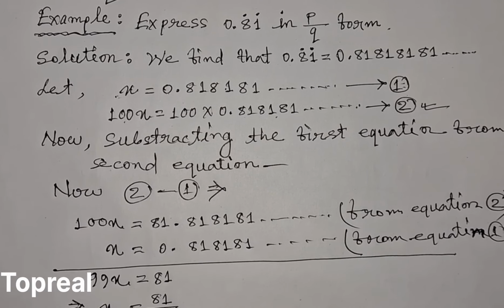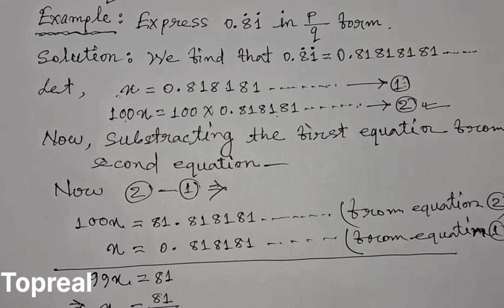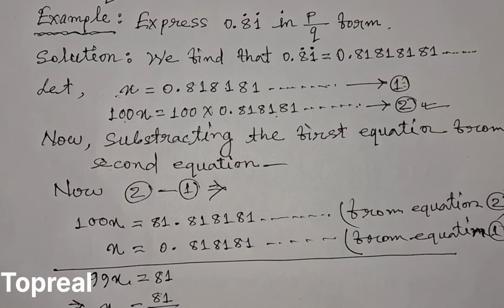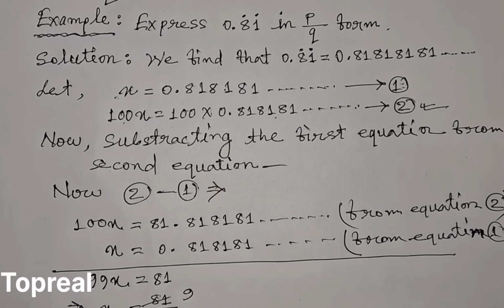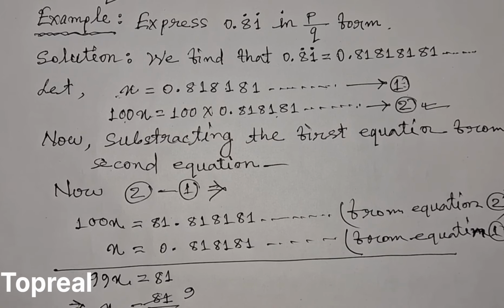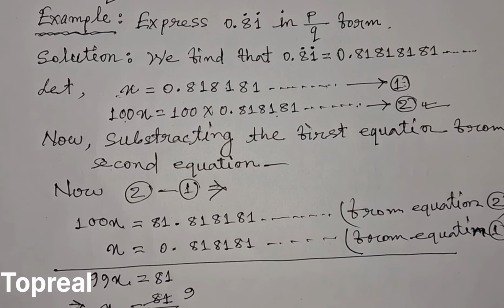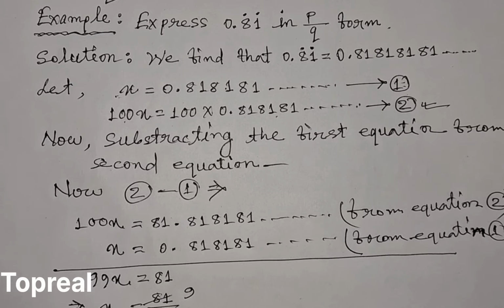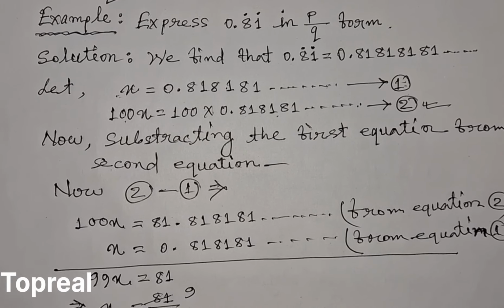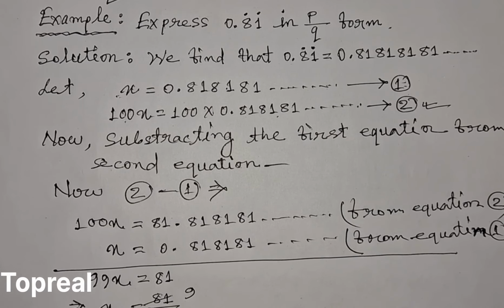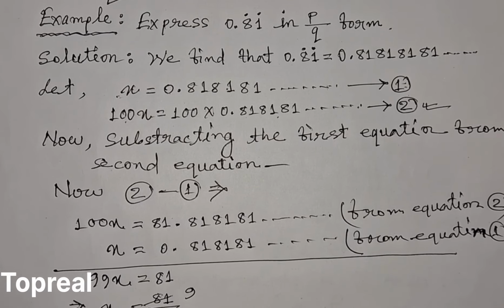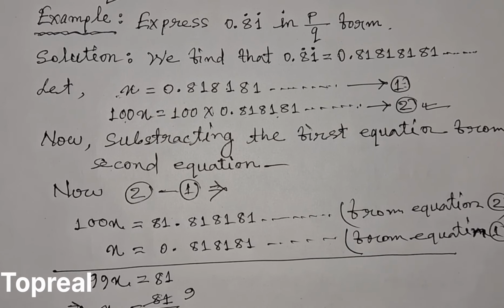We can simplify this value of x, x is equal to 9 by 11, which is in P by Q, Q is not equal to 0 form.